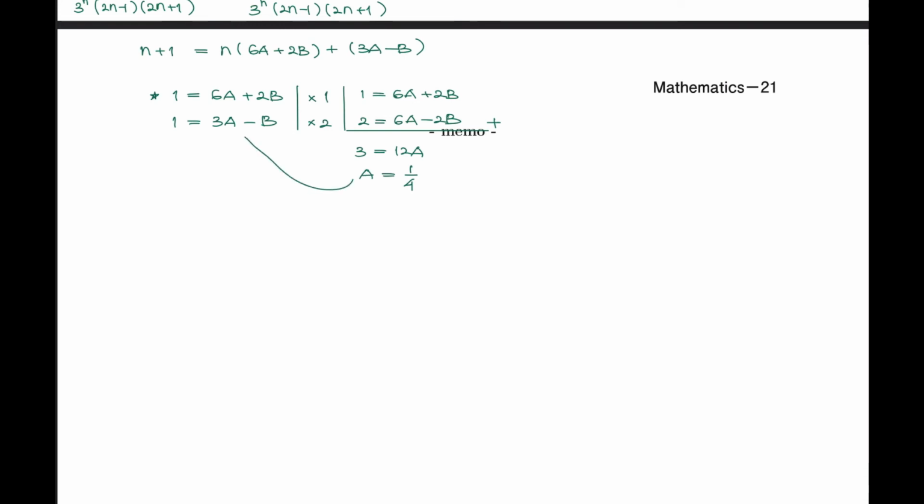After we got a, just substitute it back into one of those two equations to find b. 3 times a minus b, 1 equals 3 over 4 minus b, then b equals negative 1 over 4.